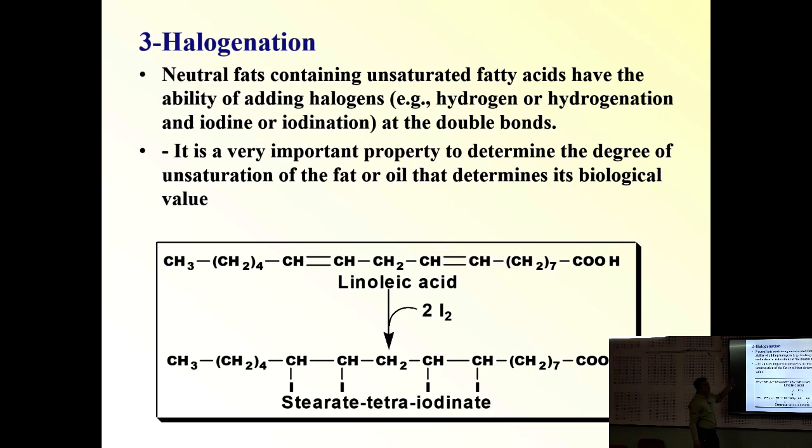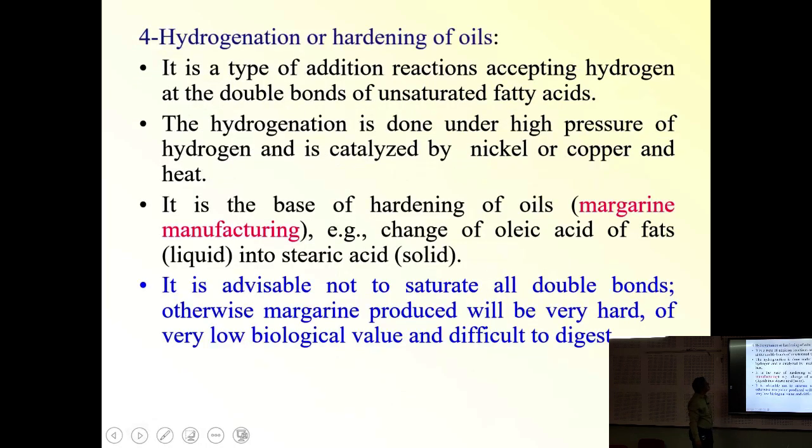So every property is related to a certain terminology. You have to remember halogenation determines the unsaturation of the fat, its degree of unsaturation, which determines its biological value. Here is an example of stearate tetraiodide, with iodine attached at the double bond positions. So we will go fast.